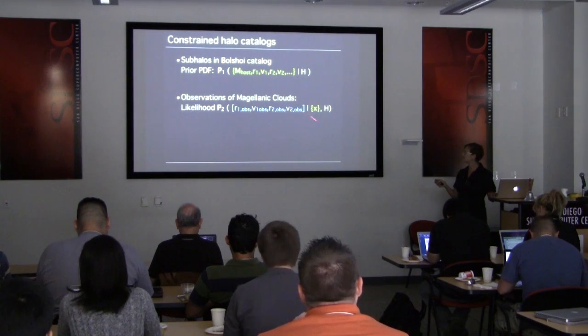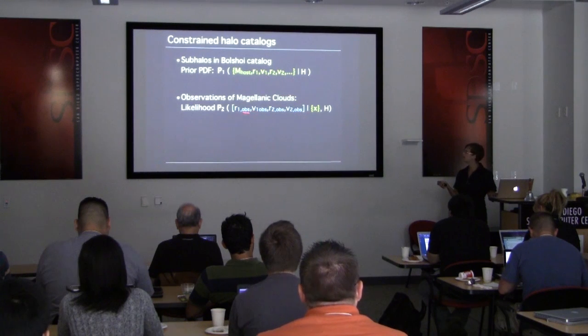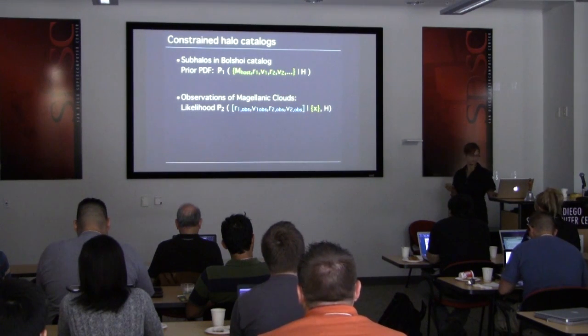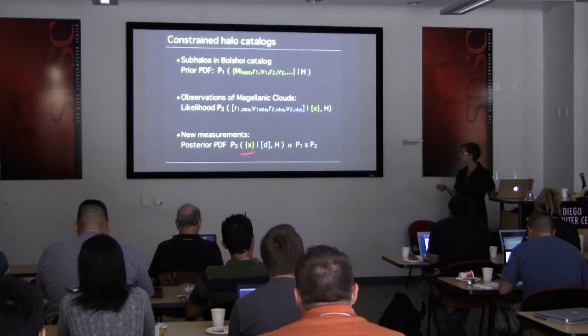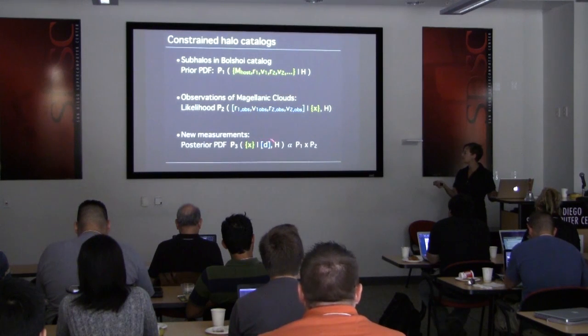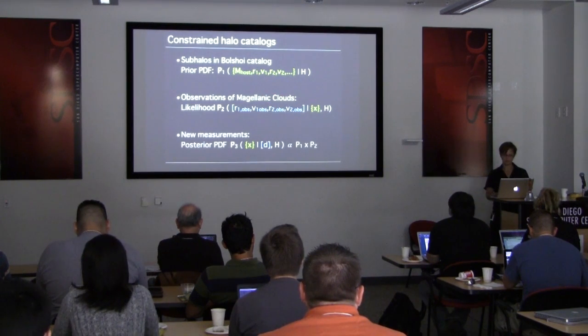Given these underlying properties which you don't know, there are some things that you can observe. And so then what you want to do is infer this X given this data, and that just is multiplying these two probabilities.